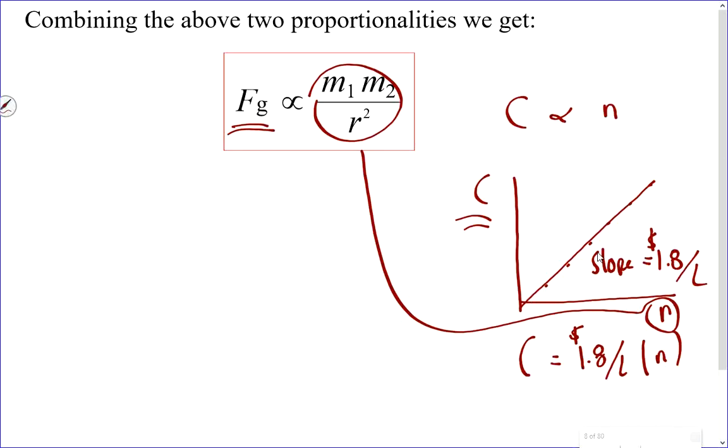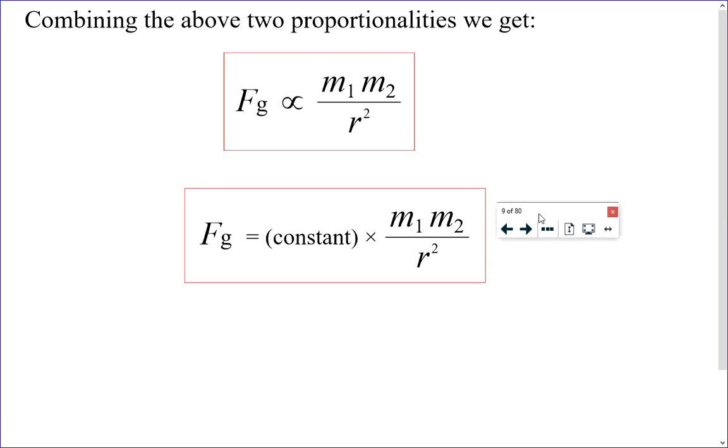So what he is claiming is if you make a graph with m1m2 over r squared on the horizontal axis and the force of gravity on the vertical axis, you'll get a straight line, and the slope of that line turns this proportionality statement at the top of the screen into an equation which we can use in the real world to calculate answers to problems.